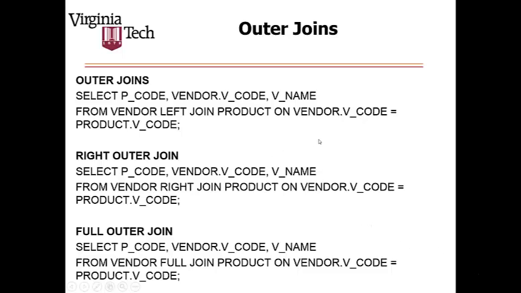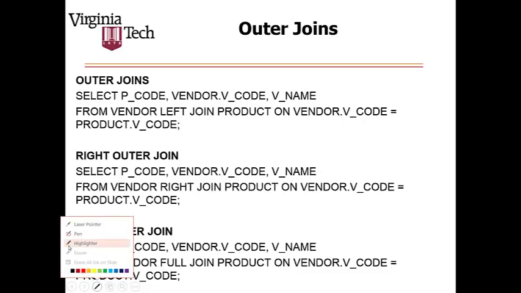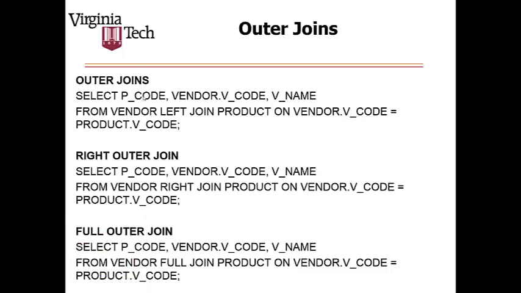Well, so here we have an example of outer joins, and then the first statement. What you have here is you're going to get the P code, the vendor code, and the vendor name from the vendor left join product on vendor.vcode equals product.vcode, right?